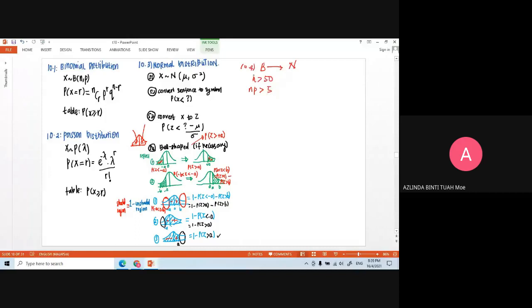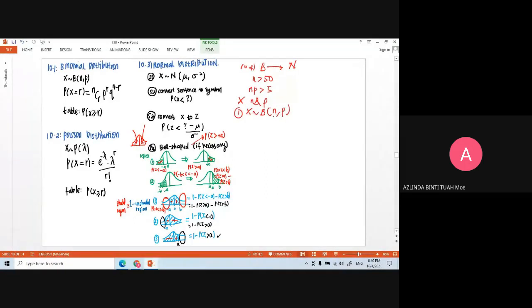Okay. So the question will give you the information about binomial, meaning that the question will give you the number of trials and also the probability for event x to happen. So we have to write down the notation of binomial, n and then p.